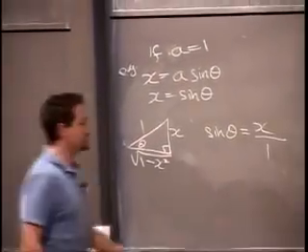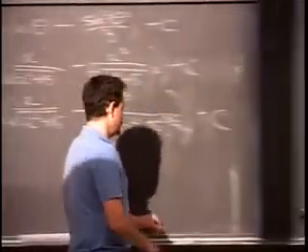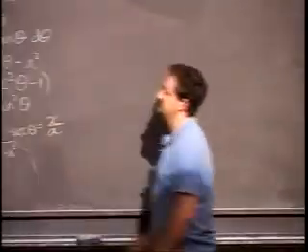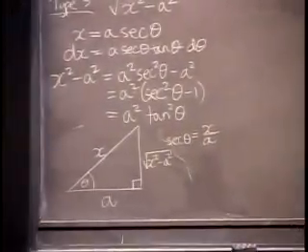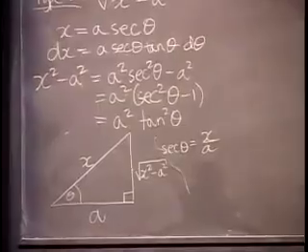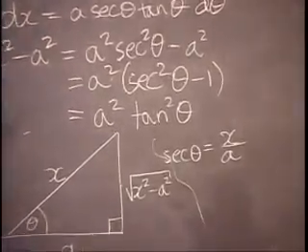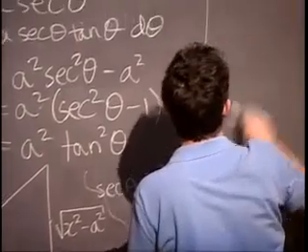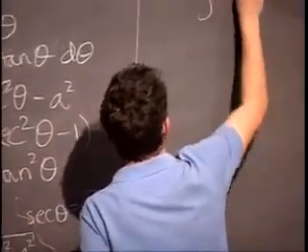Anyway, let's go back over here. There's the template for type 3. Let's go back and do the example that I put up before. Integral dx over x cubed root x squared minus 4.